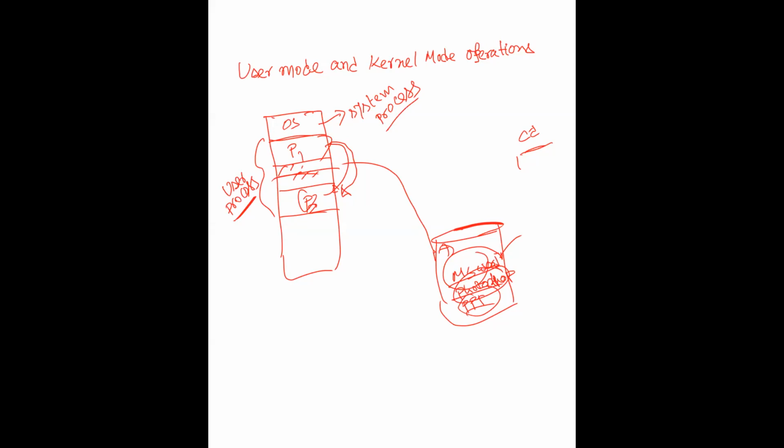When your process, let's say process P1, which is a user process, is in execution and it needs any data from IO devices, let's say you write a program using cin in C++, cin takes input from the keyboard.